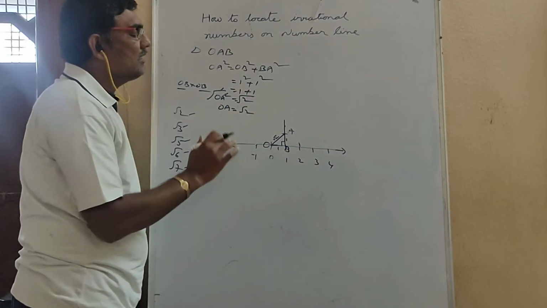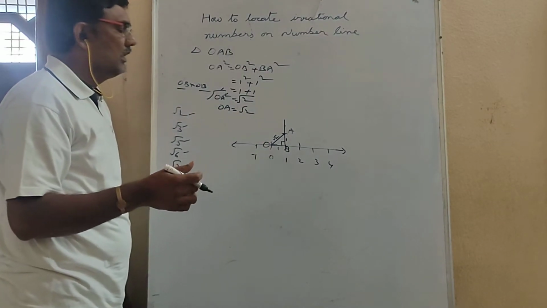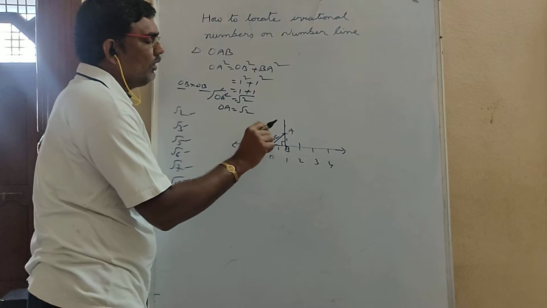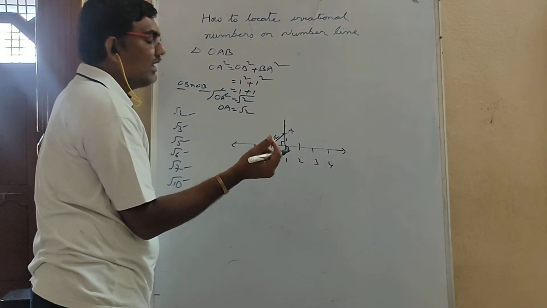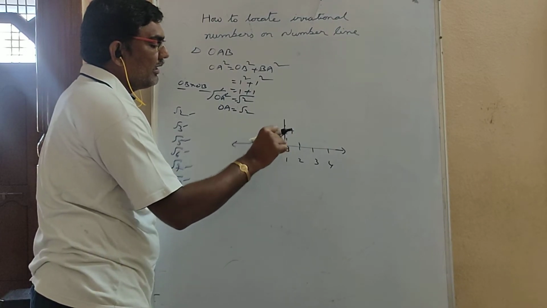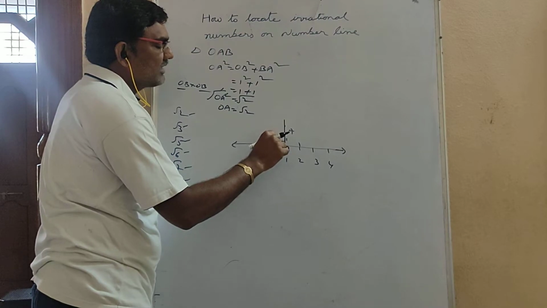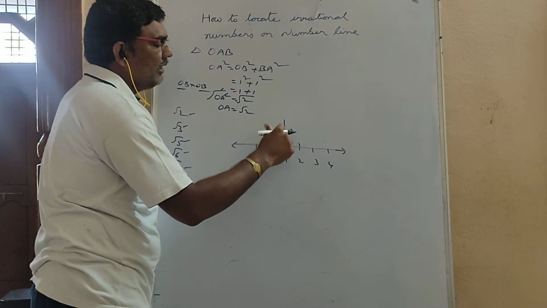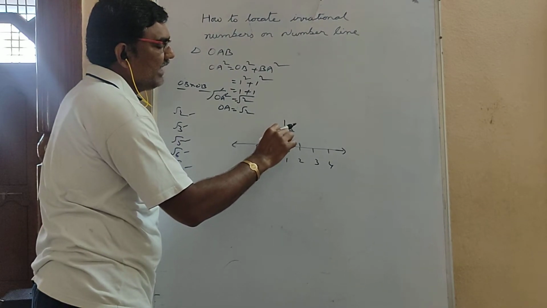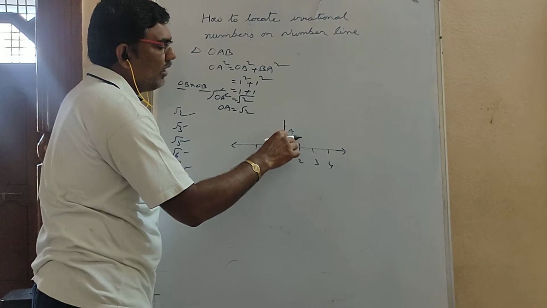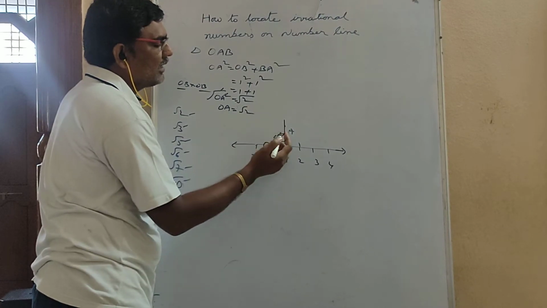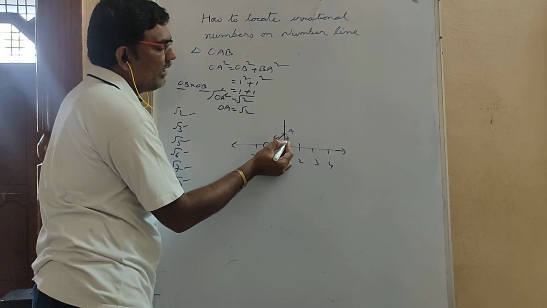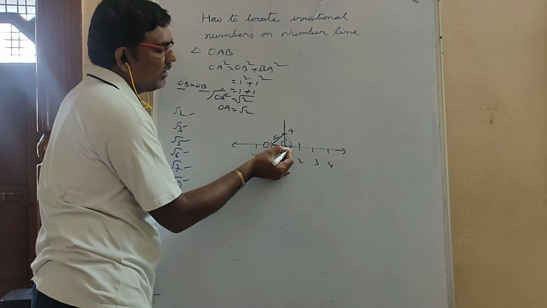After getting this, what you have to do is, is the compass with you or not? Keep the metal needle pointer at O and stretch the pencil up to A. Take radius OA and with the same radius draw a dotted arc, like this.